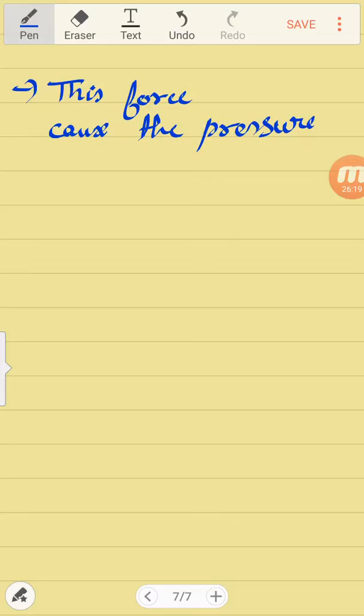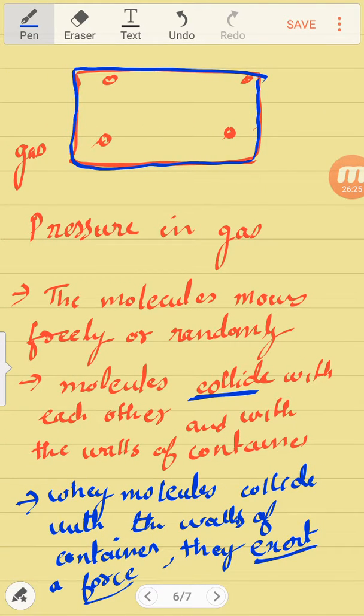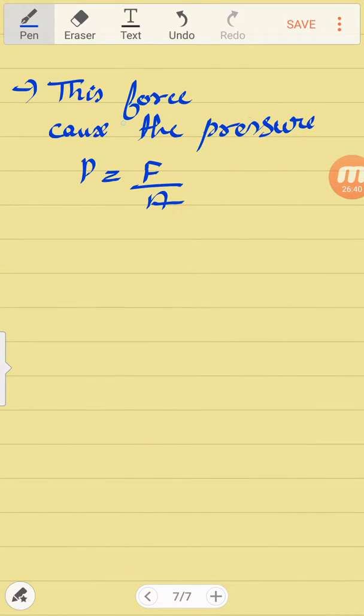The formula is force per unit area. Again I am repeating: the molecules move freely or randomly. Molecules collide with each other and with the wall of the container. When molecules collide with the wall of the container, they exert a force. This force causes the pressure.